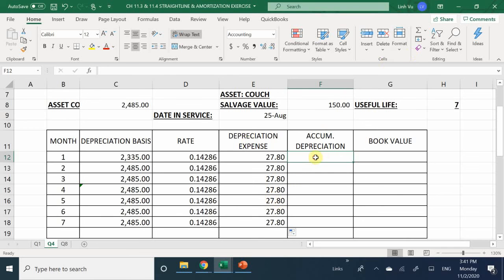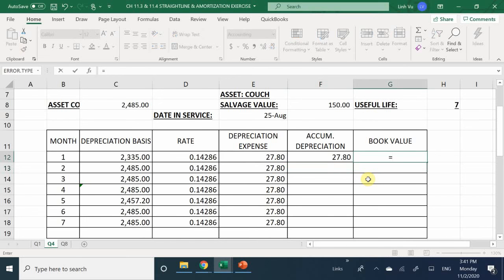September. Good. So let's go ahead and solve for the accumulated depreciation. So what is the first month's depreciation? 27.80, making my book value $2,457.20.